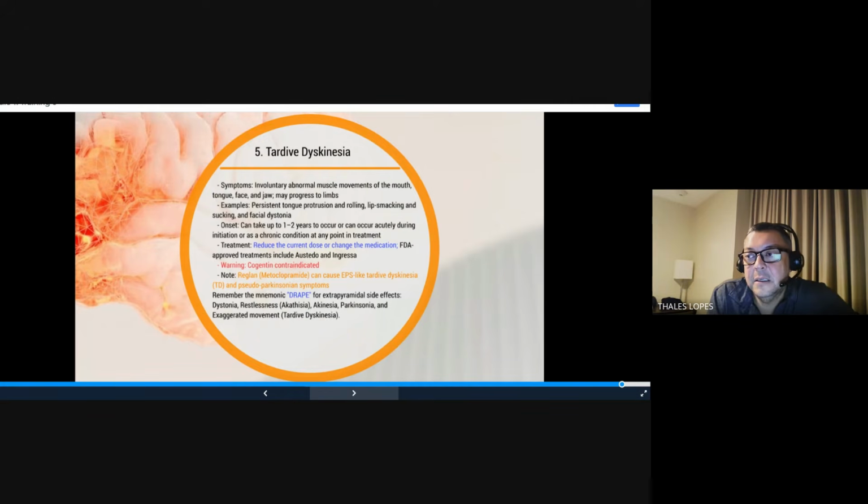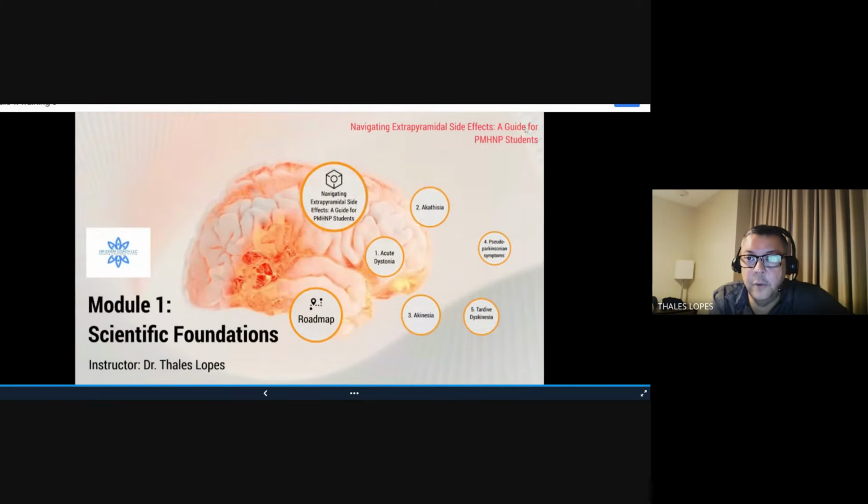Parkinsonian-like movement disorder due to antipsychotic, Cogentin. TD, tardive dyskinesia, no Cogentin. Austedo or Ingrezza, or simply decrease the amount of medication.